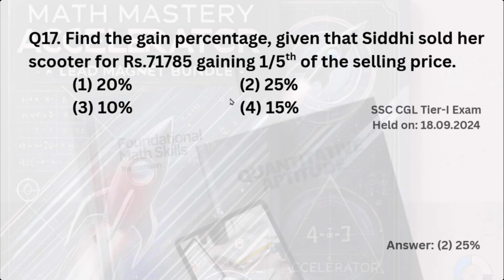17. Find the gain percentage given that Citi sold her scooter for 71,785, gaining 1/5 of the selling price. Out of 5, take out one part. This is one part, this is profit gain. 5 minus 1 is 4.